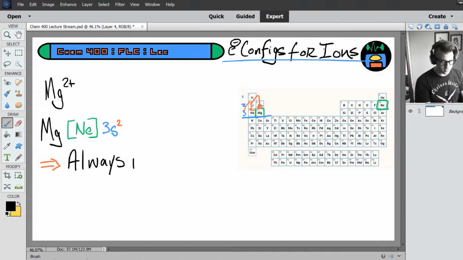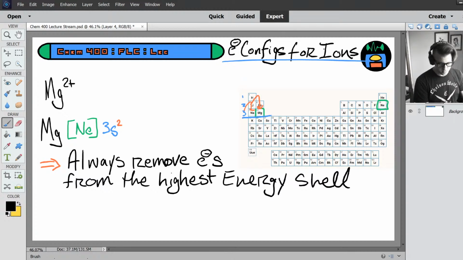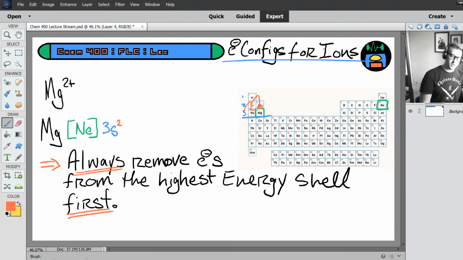You always remove electrons from the highest energy shell first.